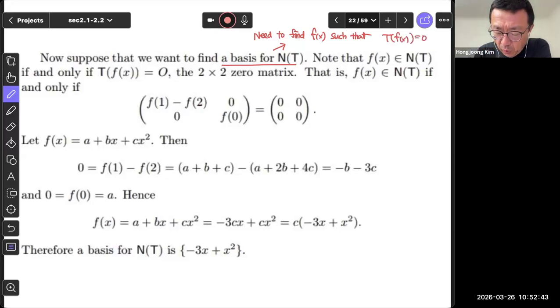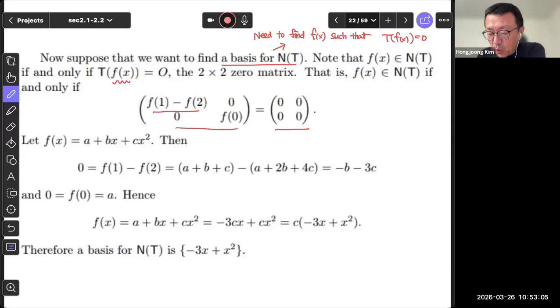So we are looking for f of x whose image is the 0 vector in this M sub 2 by 2 space. So the 0 vector will be the 0 matrix. And the image of f of x will be defined by this.